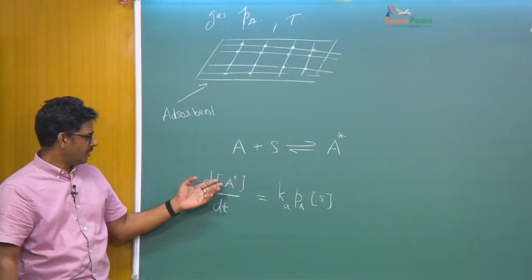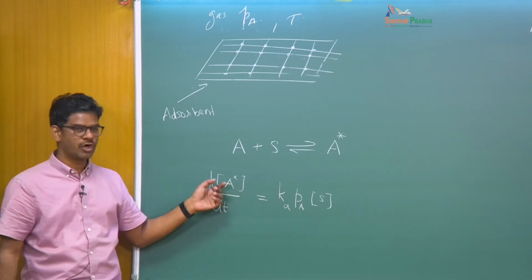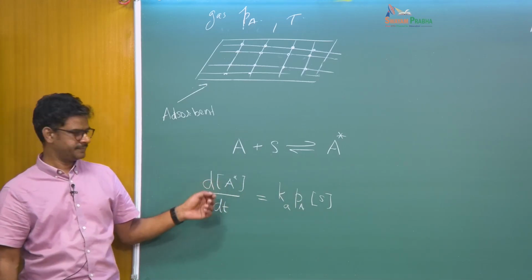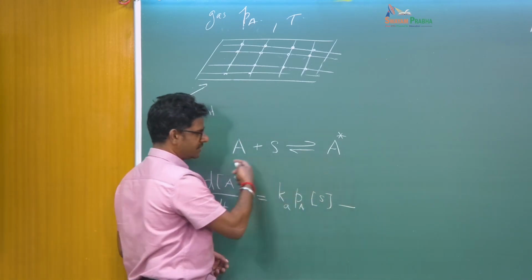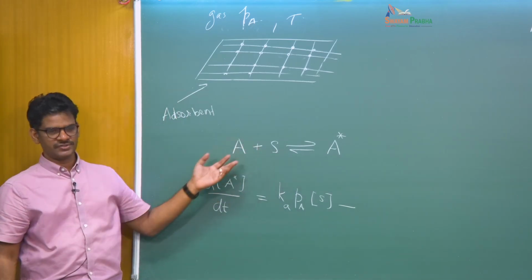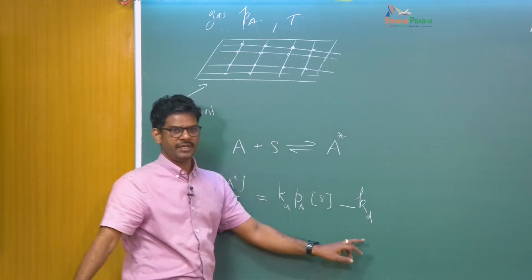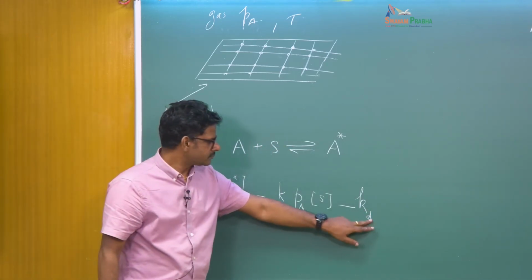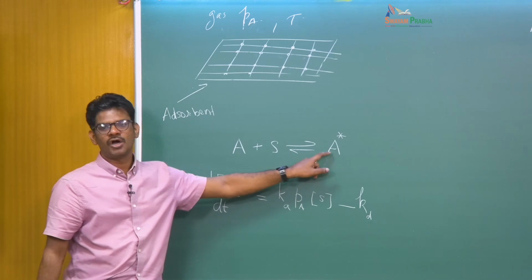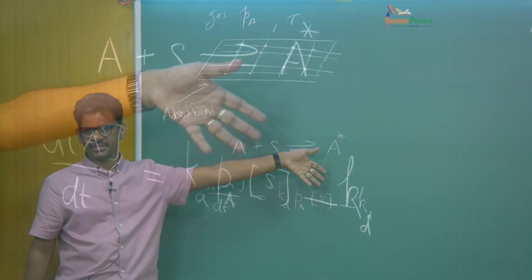Okay, through this forward reaction, more and more adsorbed molecules are created, and the reverse is desorption, where we say a different constant Kd, d meaning desorption, and the rate is proportional to how many adsorbed molecules are present at that particular time.